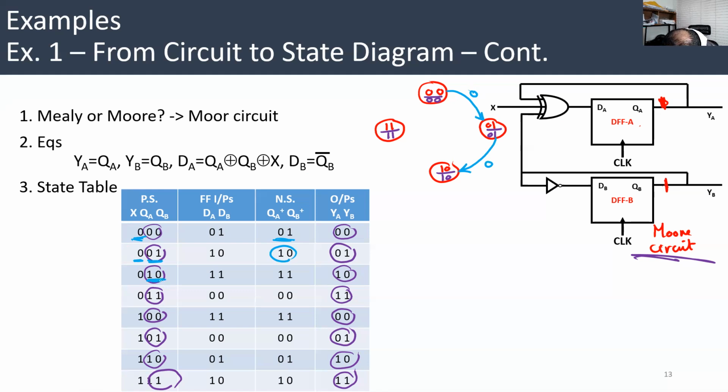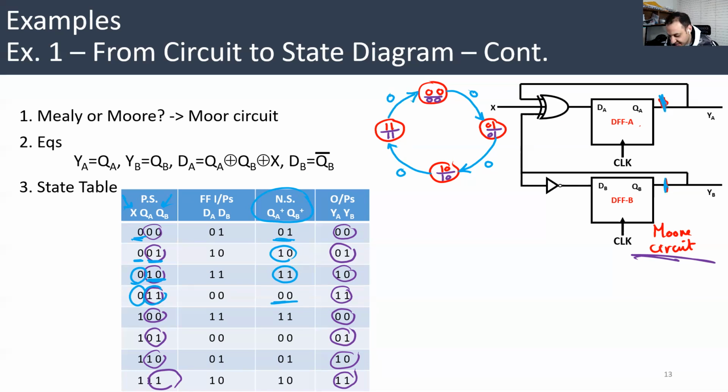If we are 1, 0, and the X is 0, we're going to go to 1, 1. Look, I am looking at the input X, the current state, and the corresponding next state. Finally, if the state is 1, 1, I mean the outputs of the two flip-flops are 1, 1, and the input is 0, then we go to 0, 0.